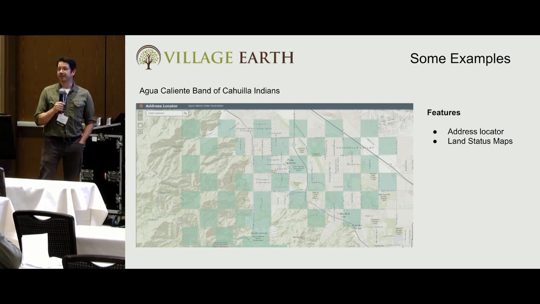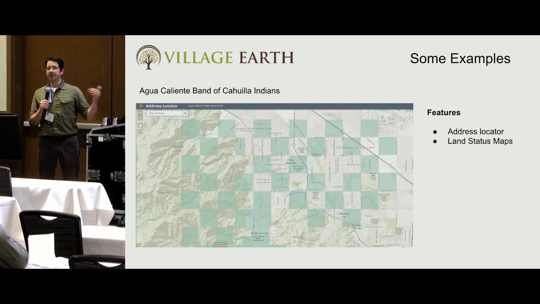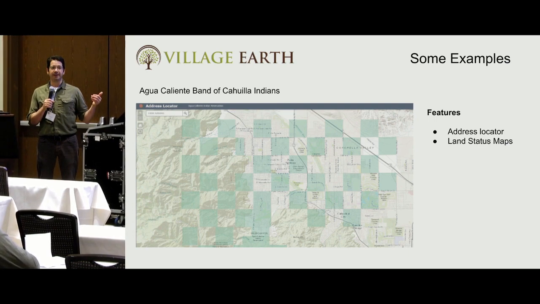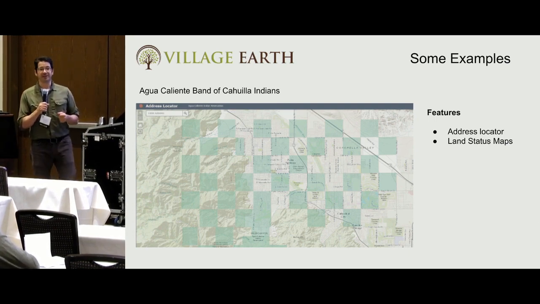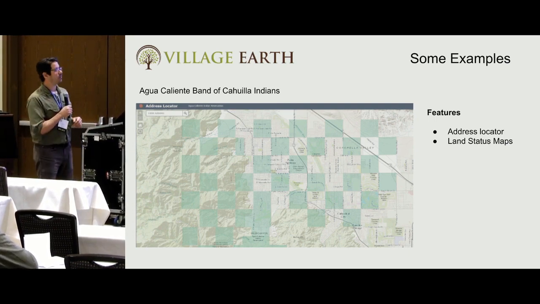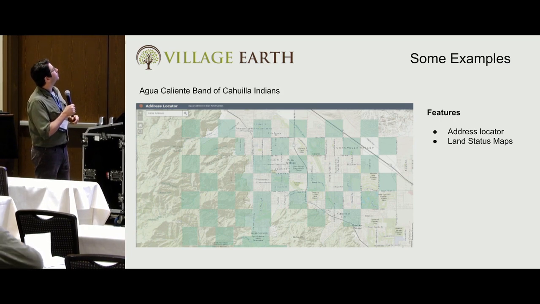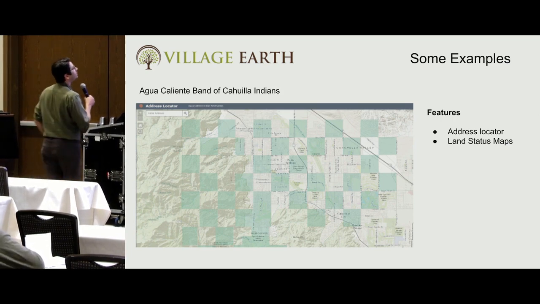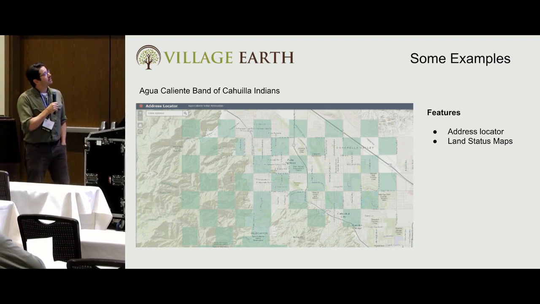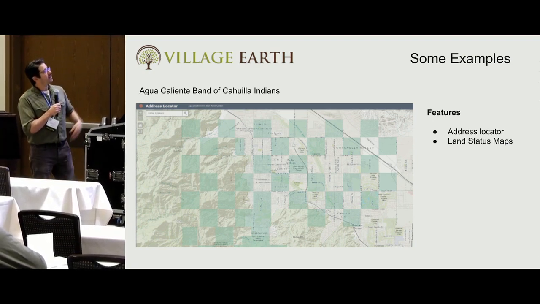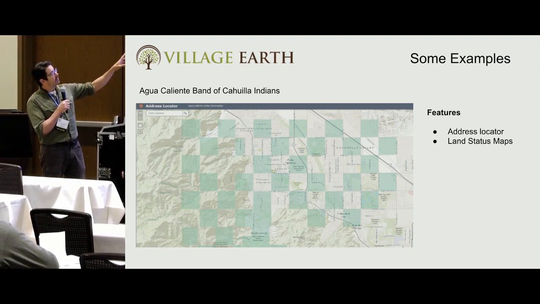But really, I think the biggest problem is people not knowing what it takes to create them. They don't realize how easy it actually is and how easy it is to make that information public. So here, the Agua Caliente Band has a basic land information system which has an address locator and land status maps.